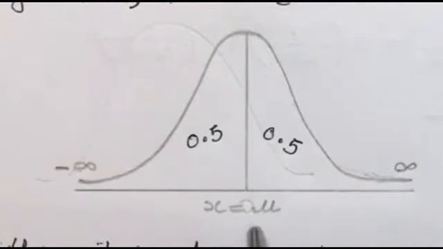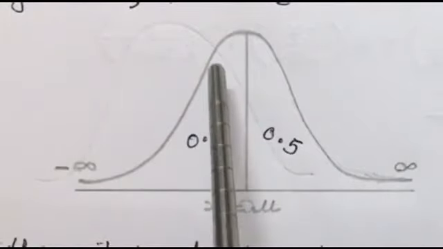It lies between the two, and whenever you are drawing this bell-shaped graph, make sure that it does not touch the x-axis. It will just go near and near from both the extreme points, but it will not touch the x-axis.